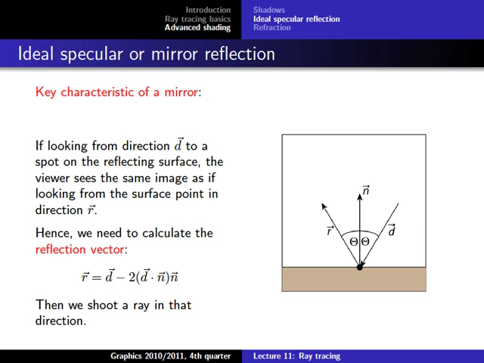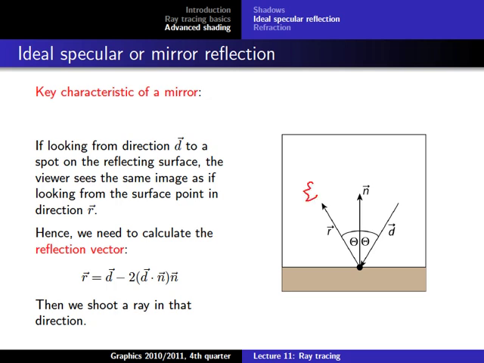Here we want to use it to create a mirror. The principle is the same. If we want to have a perfect mirror, we see at this position exactly what we would see with a reflection at exactly the same angle.